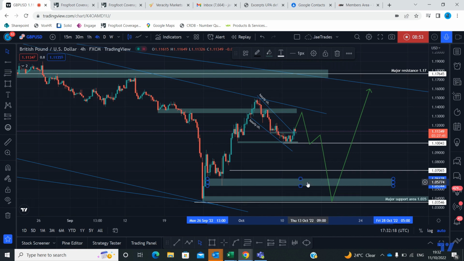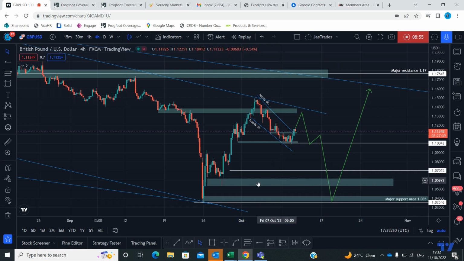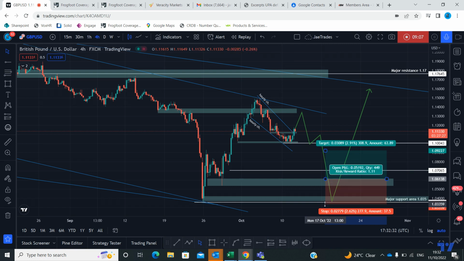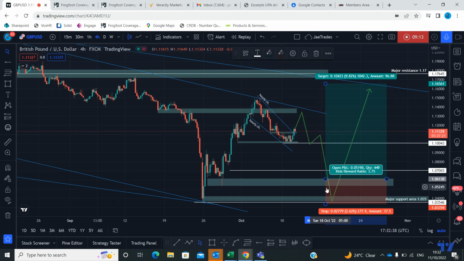Then if the market does come back to these previous low areas, what we will be anticipating is buying the market and putting our stop loss just beneath the support levels, right?